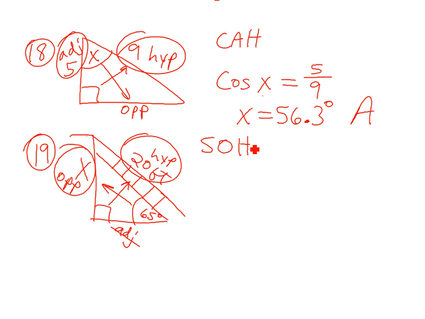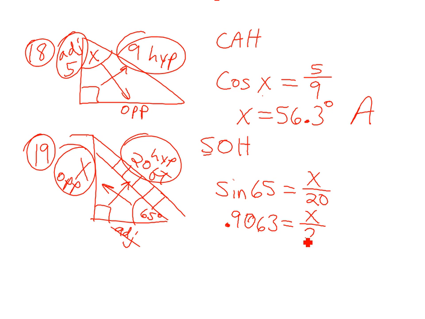that's the SO part of SOHCAHTOA. So that tells us we're dealing with sine, so we set up our equation. The sine of our angle, which is 65, equals opposite over hypotenuse. The opposite is x, the hypotenuse is 20. We take our calculator and find the sine of 65, and it comes out to be 0.9063 equals x over 20.